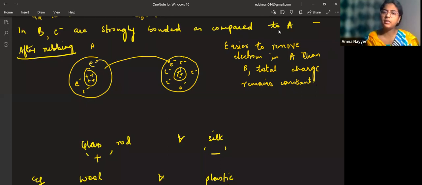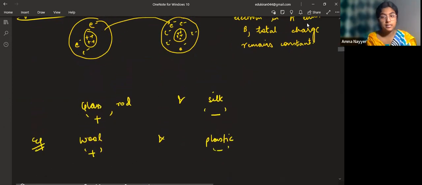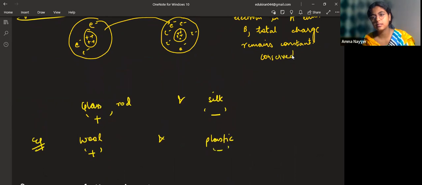Initially there were 4 here and 5 there, 9. Now also there are 3 here and 6 there, 9. Net charge is still 9. Just two theoretical points you have to remember. Yes, conservation. These are conserved.